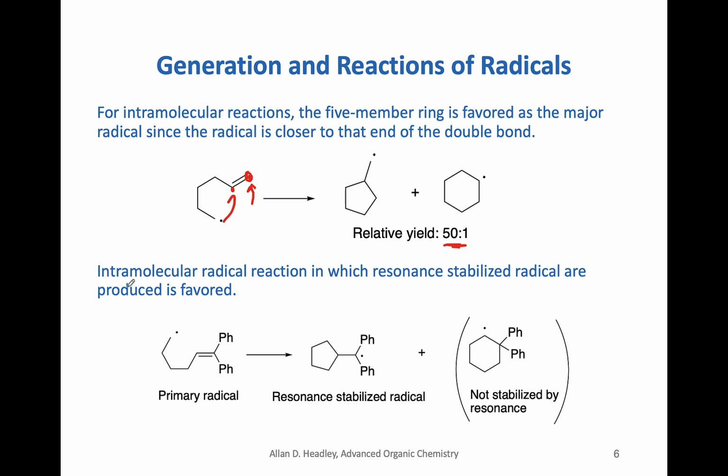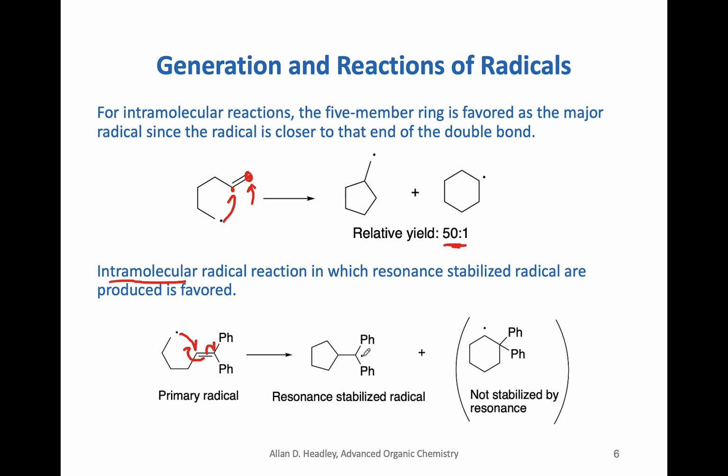Here's another example. Intramolecular radical reaction again. Here's a radical, here's an alkene, but in this case we have a phenyl and a phenyl here. So in this case it will bond here, and of course the other electron here, and put the other electron on that carbon.